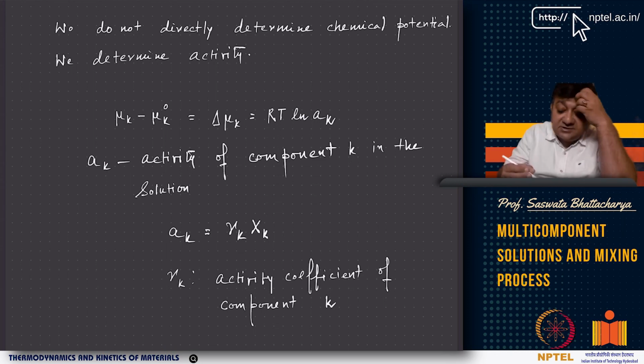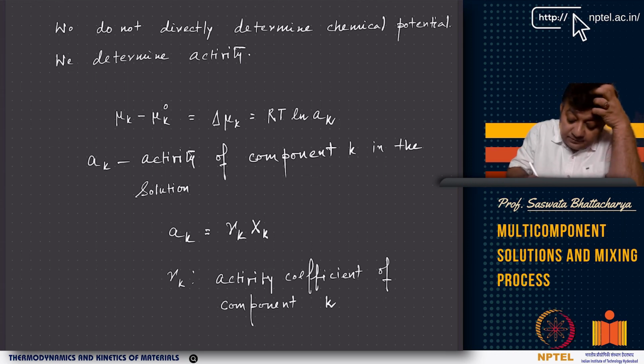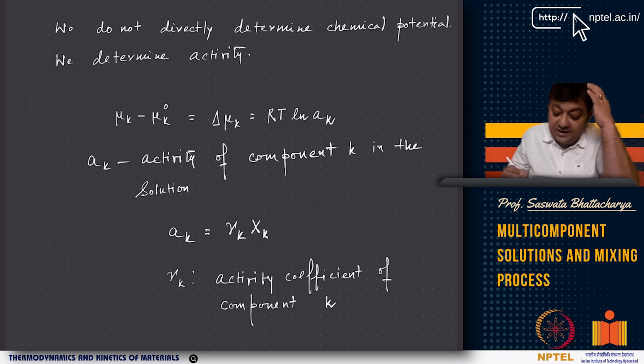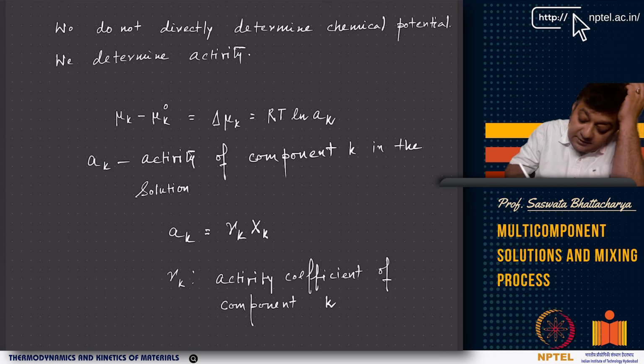Now look at this relation: mu K minus mu K0 equals delta mu K equals RT ln aK. This is the definition of activity. You might have recognized this equation.